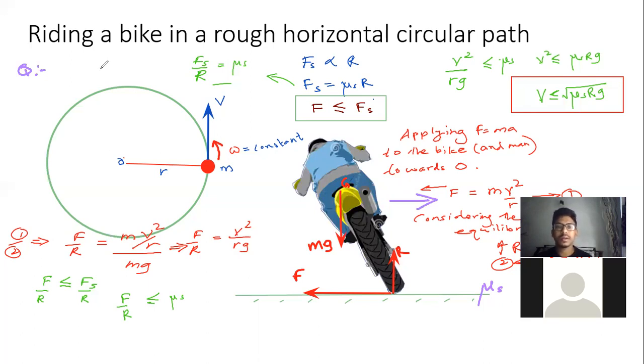What is the maximum tangential speed for a bike moving in a circular path, moving in a rough horizontal circular path of radius 100 meter.